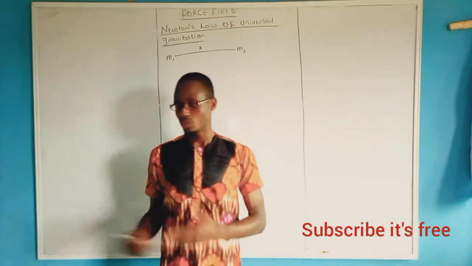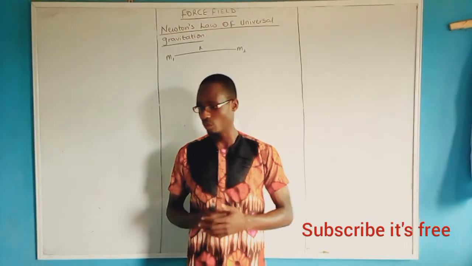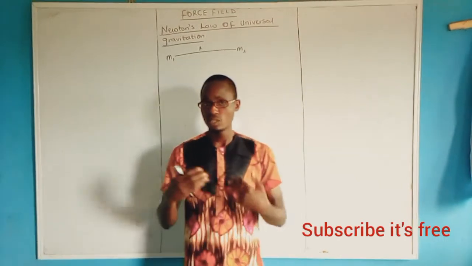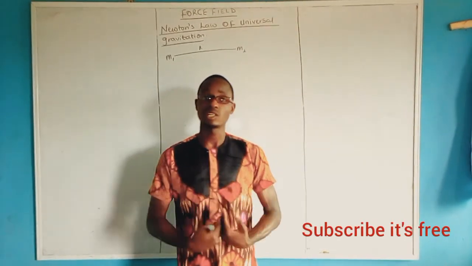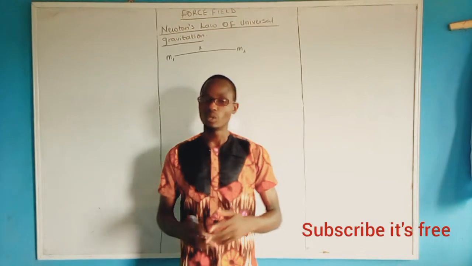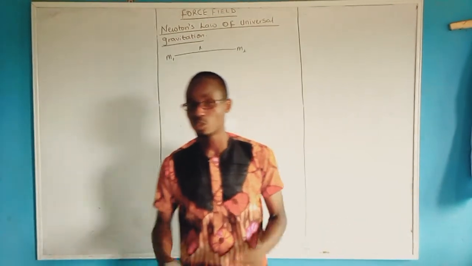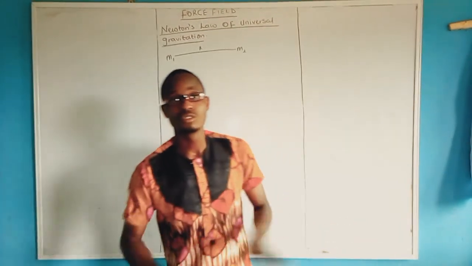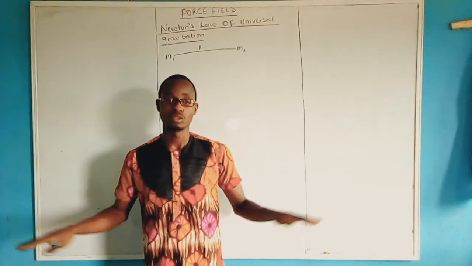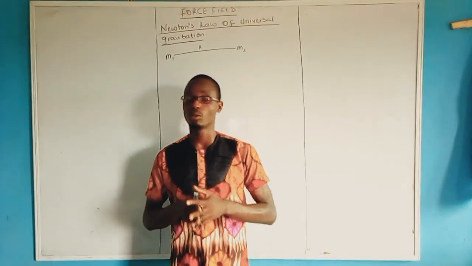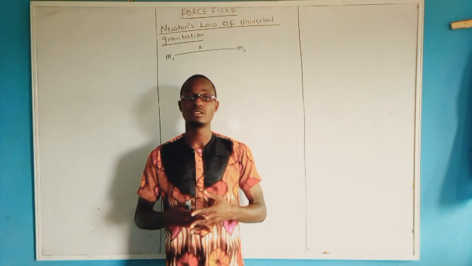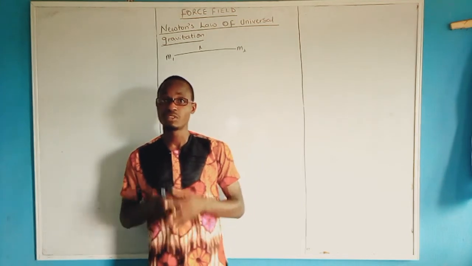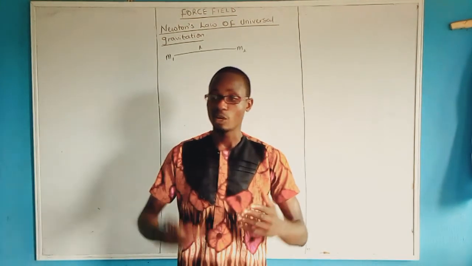I also relate it to the ground because if you can fall on the ground, that means there is a gravitational force between you while standing and the ground. The only time you have no force acting on you is when you lie down straight, flat on the floor, on the ground. So you have no net force of gravity acting on you at that moment because you cannot fall again.